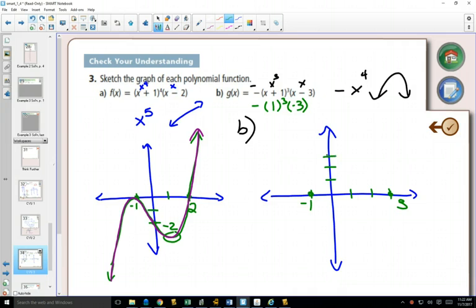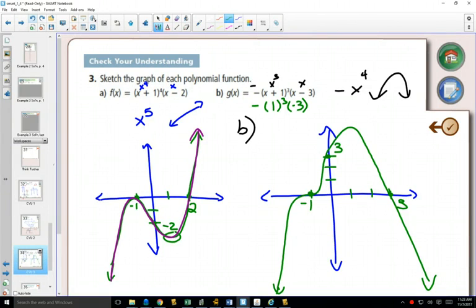So it'll be positive 3 for your y-intercept. What's going to happen at minus 1? Is it going to go straight through, bend, or bounce? Bend. And then what's going to happen at positive 3? Straight through. My end behavior acts where it should.